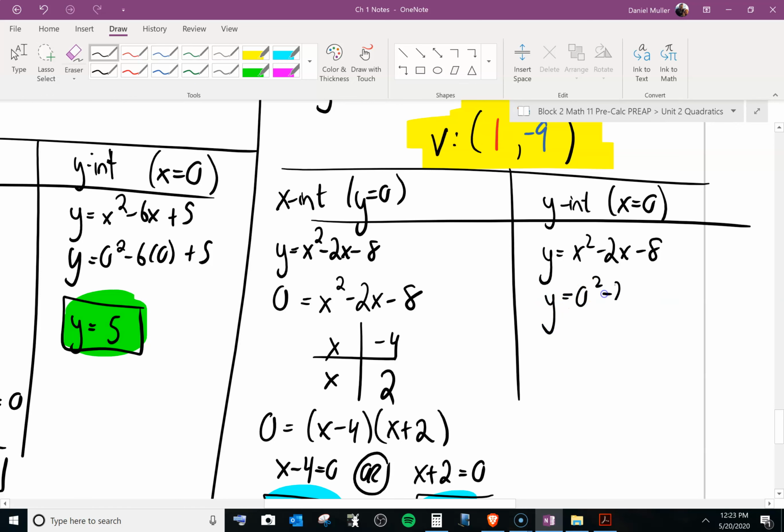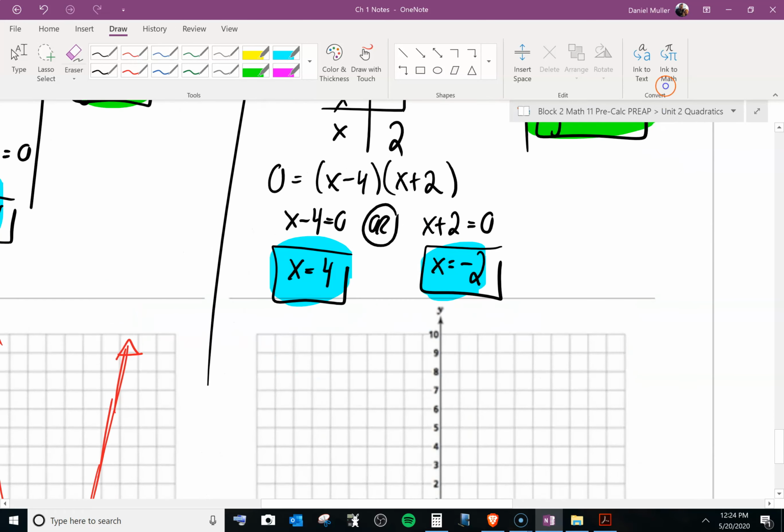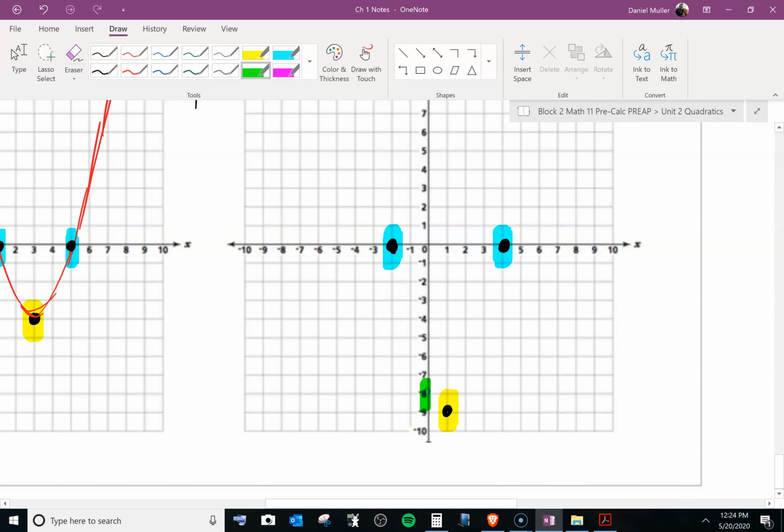So 0 squared minus 2 times 0 minus 8. 0 squared is 0, 2 times 0 is 0, so all I'm left with is a -8. So I cross my y-axis at -8. So that's down here. That's my y-axis right here, and I cross it at -8.